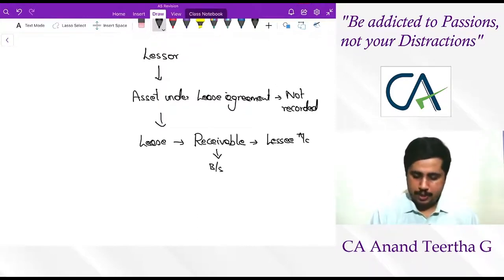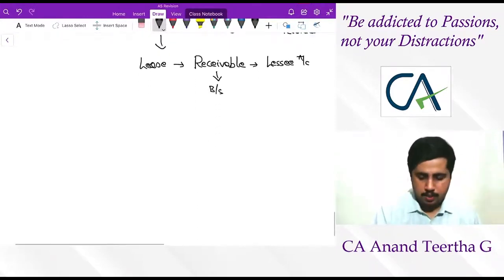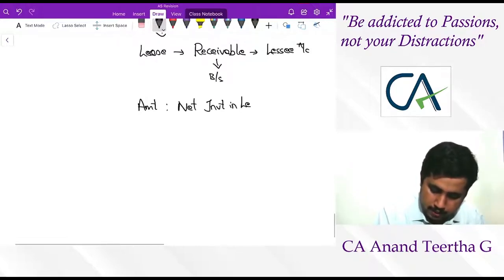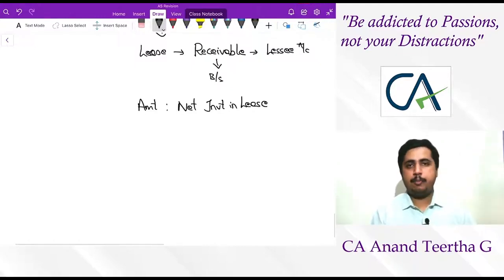Now the point comes, at what value will it be done? So the amount to be considered for this is net investment in lease. Net investment in lease. So a point to be understood, please remember certain terms very well. Suppose in the exam they ask you to calculate net investment in lease, they will just tell you only that, they won't tell under whose point of view. Net investment in lease is done only in lessor books, nowhere else. Asset is recorded only in lessee books, nowhere else.